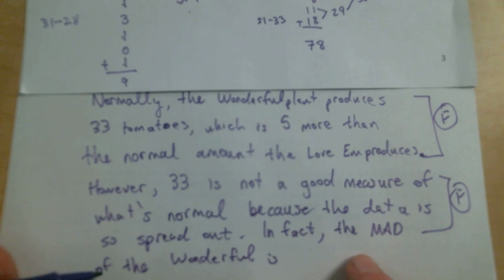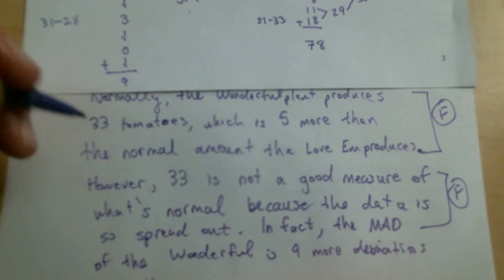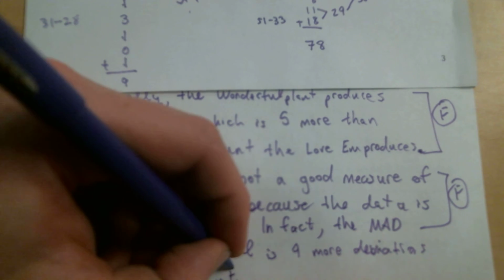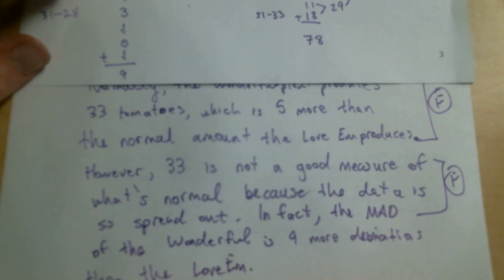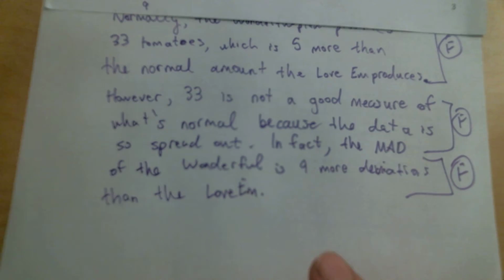So in fact, the mean absolute deviation of the Wonderful is 9 more deviations than the Lovum. So there's another fact. We've got 3 quality facts stated. We've got tons of work shown so far. So let's go ahead and write our assertion.